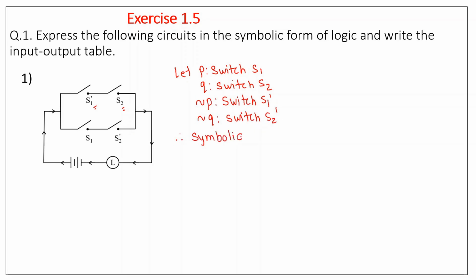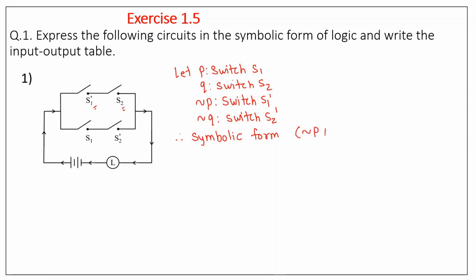So we have to remember that AND represents they are in series and OR represents they are parallel. Switches are parallel. Okay, so see S1 dash and S2 dash, they are in series. Okay, so how to write this?